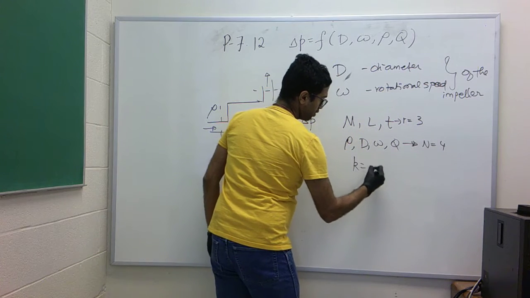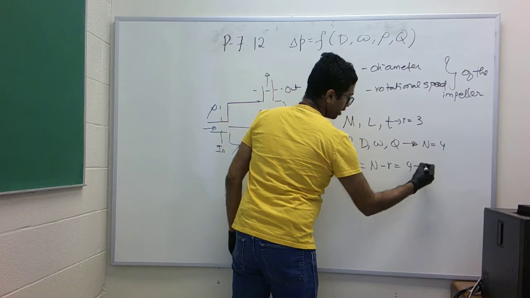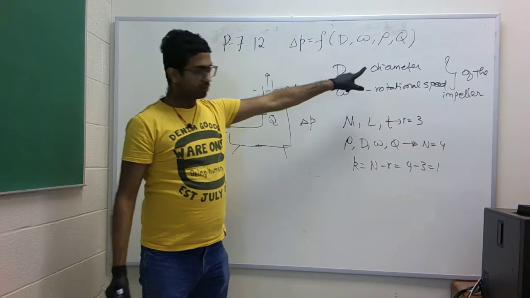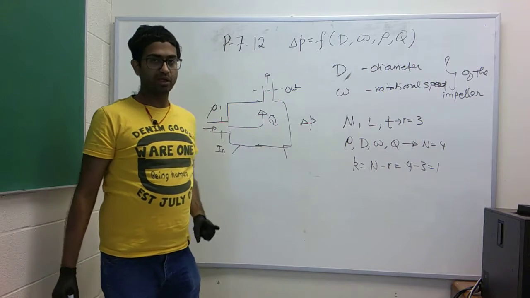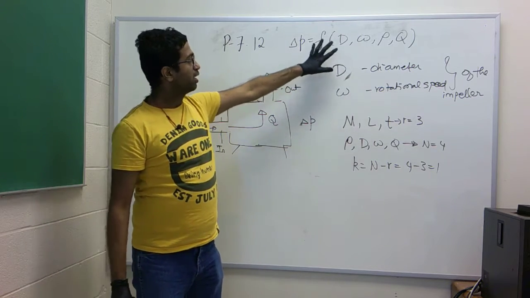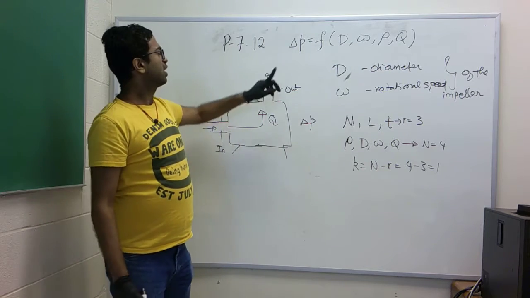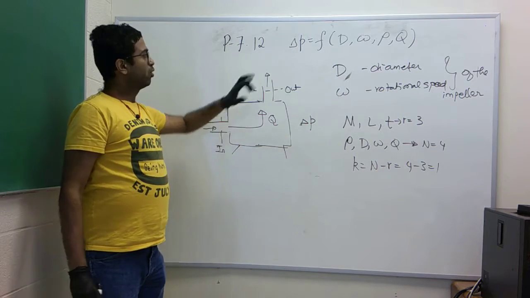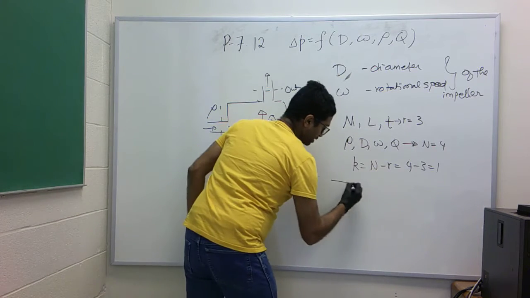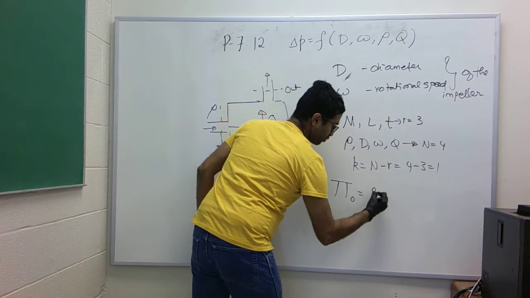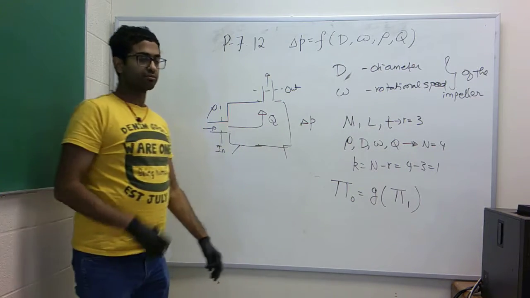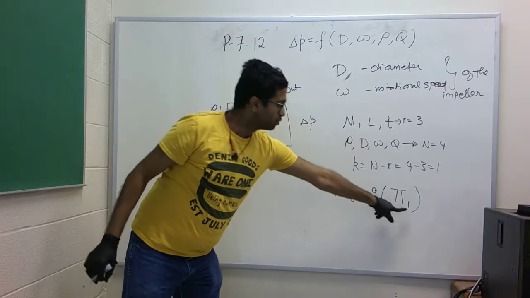So k, which is n minus r, is 4 minus 3 equals 1. So if you choose 3 out of 4, you are going to get one dimensionless group out of the remaining independent variable. And then you have this on the right side, which also needs to be non-dimensionalized. So you are going to get something like pi naught equals a function of pi 1. That's it. Okay, just 1.